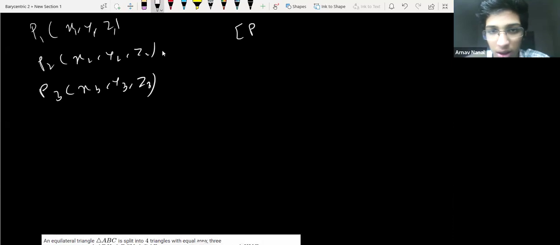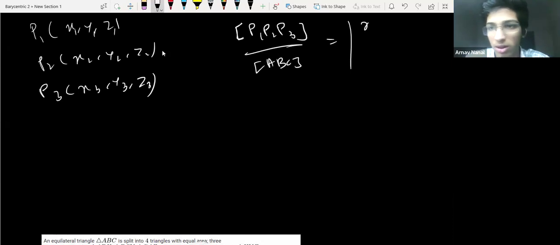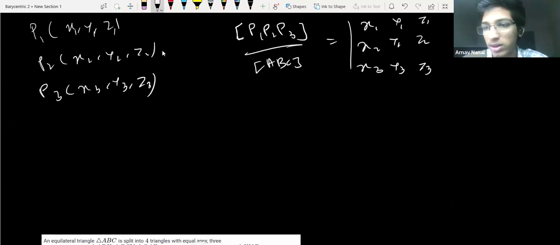Then I denote the area, which is given by the determinant of x1, y1, z1, x2, y2, z2, x3, y3, z3.